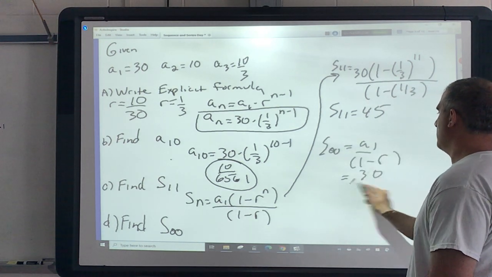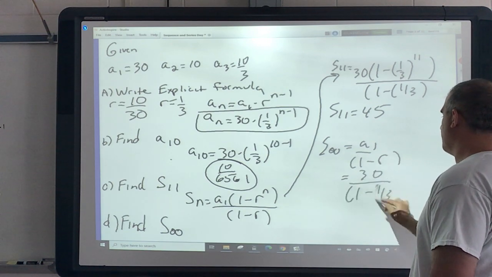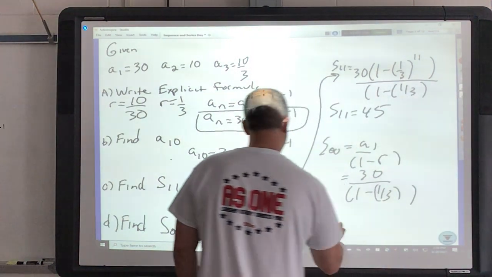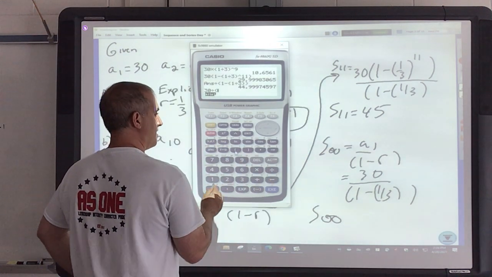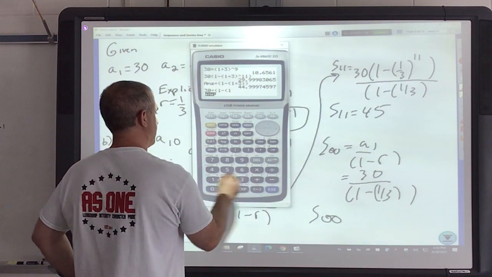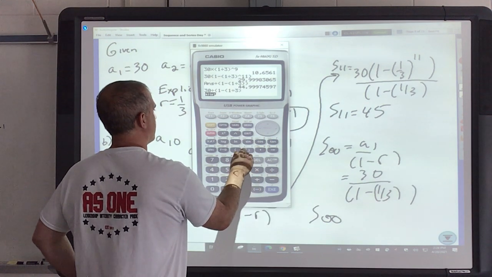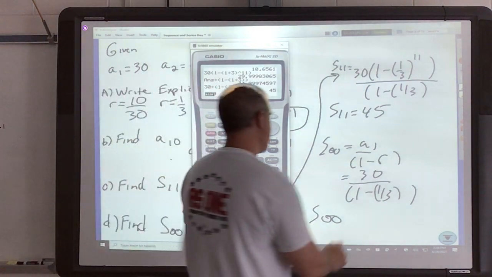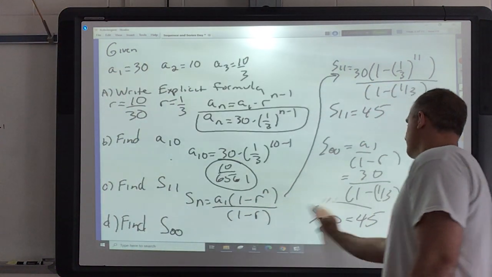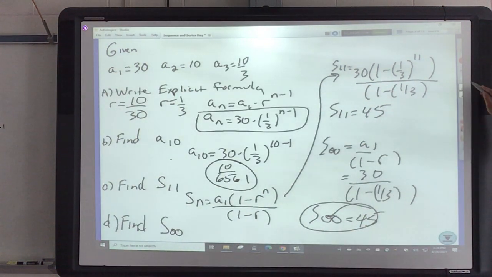So I got 30 over 1 minus 1/3. Pretty easy stuff there. 30 divided by 1 minus 1/3, which is 45. It's actually the same thing. So both end up being 45.